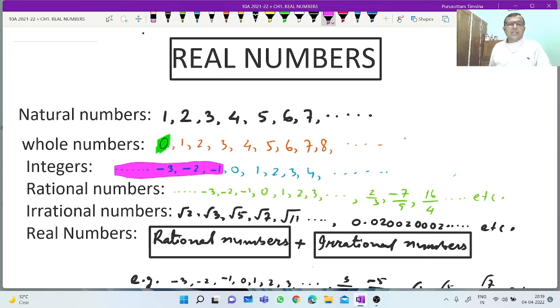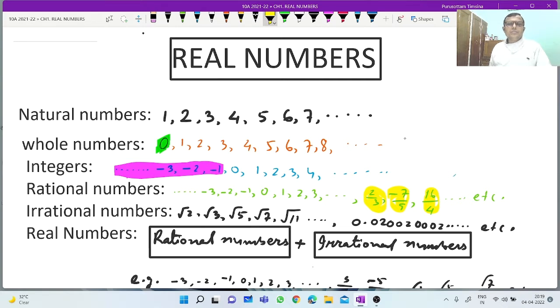Then, in addition to this, if you add fractional numbers like 2 by 3, -7 by 9, 16 by 4, etc., this set of numbers is called rational numbers.